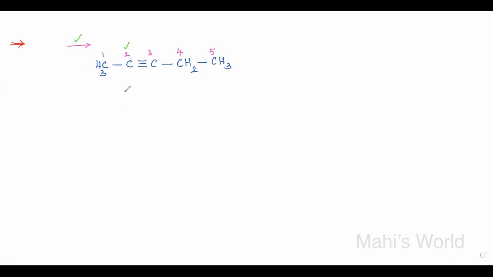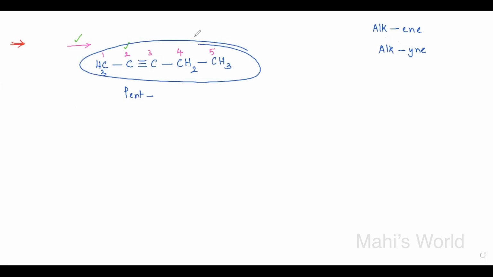Name of this can be given as pent, because it has to be always, like in case of double bonds or triple bonds, alkene, then alkyne. Because you don't have any side chain or substituent, straight away I've written the root word.